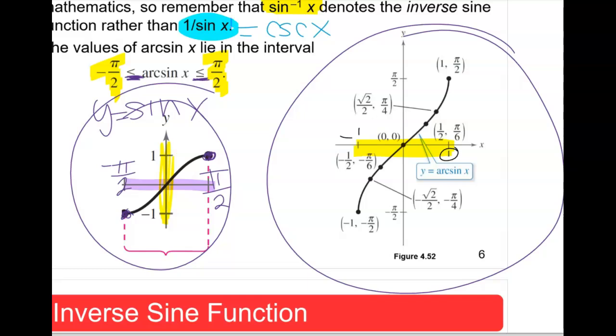So that is what we could see here for the range of the inverse function. Remember, for inverse functions, the domain and range interchange. And that happens because inverse functions are reflections of each other across the y equals x line, the identity function.